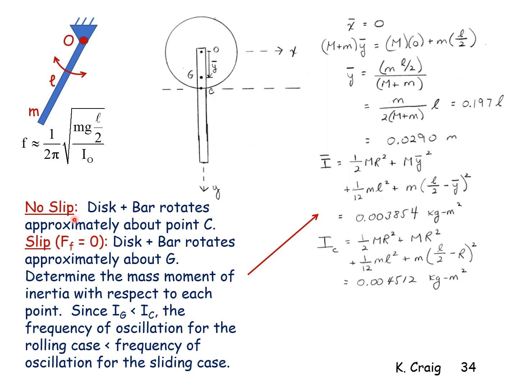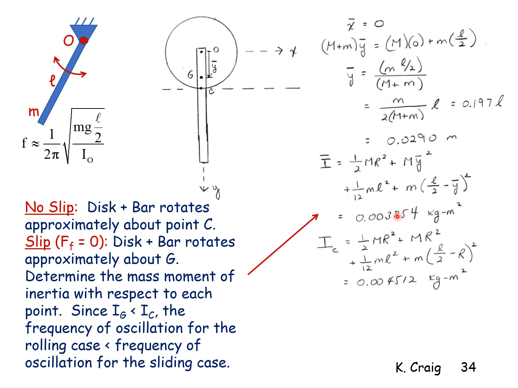For the no-slip condition, the disc and bar rotate approximately about point C. For the slip condition, where the friction force is 0, the disc and bar rotate approximately about G. If I determine the mass moment of inertia with respect to each point, I get the following result. Using the parallel axis theorem, I can transfer the mass moments of inertia of the disk about its geometric center and the bar about its geometric center to G. And I've done that here.